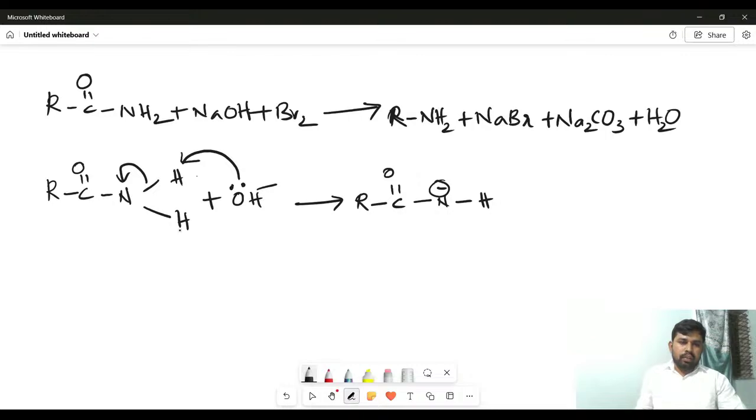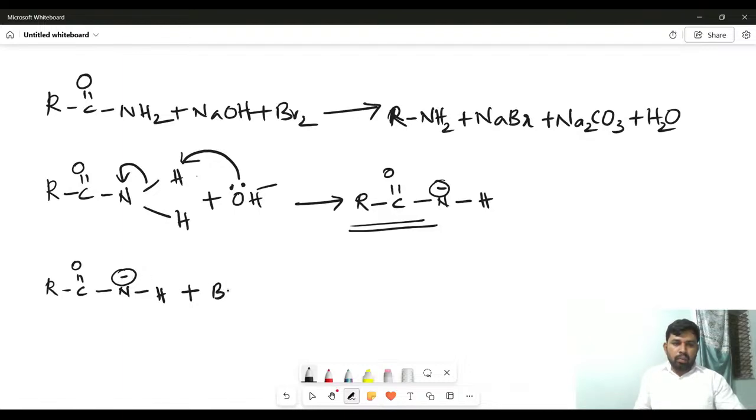Okay, so this will now be R, C double bond O, and this nitrogen having a negative charge, and this hydrogen. This will act like a nucleophile. Here we have a bromine molecule.